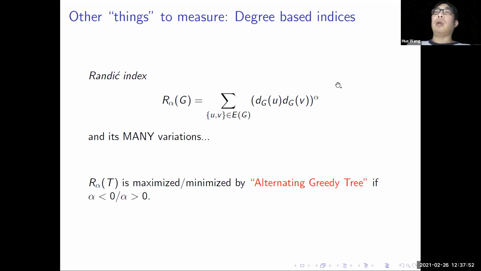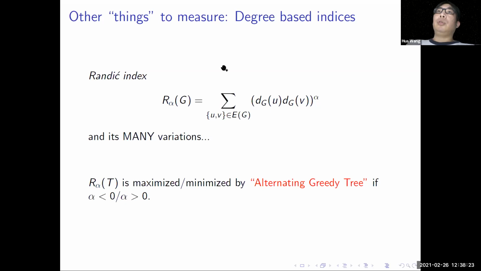But the definition is very simple: you take the product of the degrees of adjacent vertices, and then you take a power of it, and you take the sum of that. And it turned out that this is either maximized or minimized by a structure similar to what we just saw, depending on whether this power is positive or negative, as you can imagine.